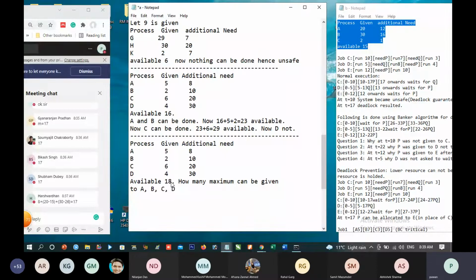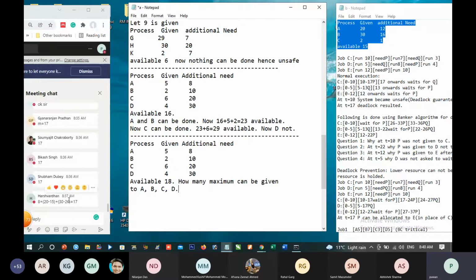How many maximum can be given? Harshvardhan, I could not understand how you wrote this formula.